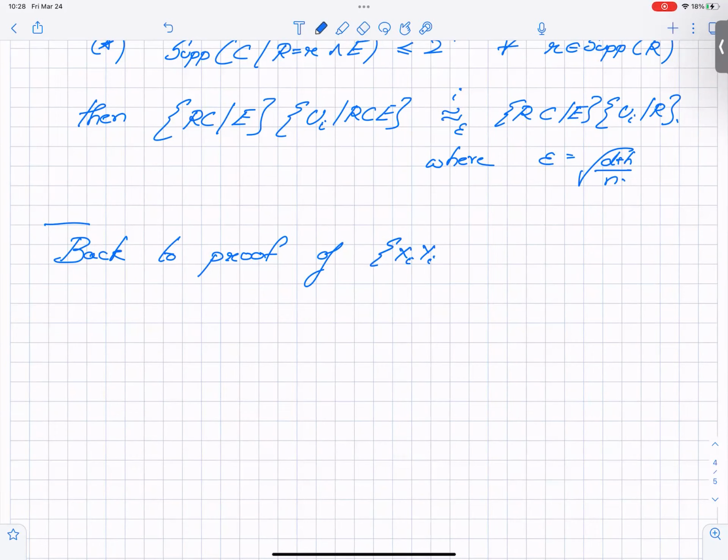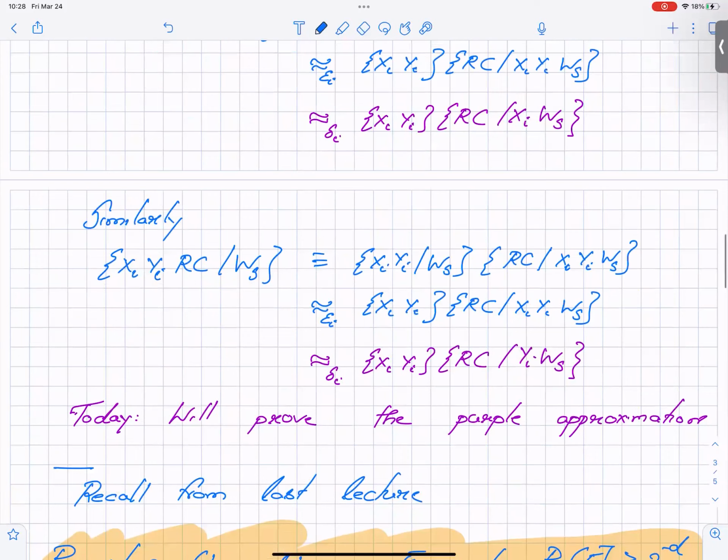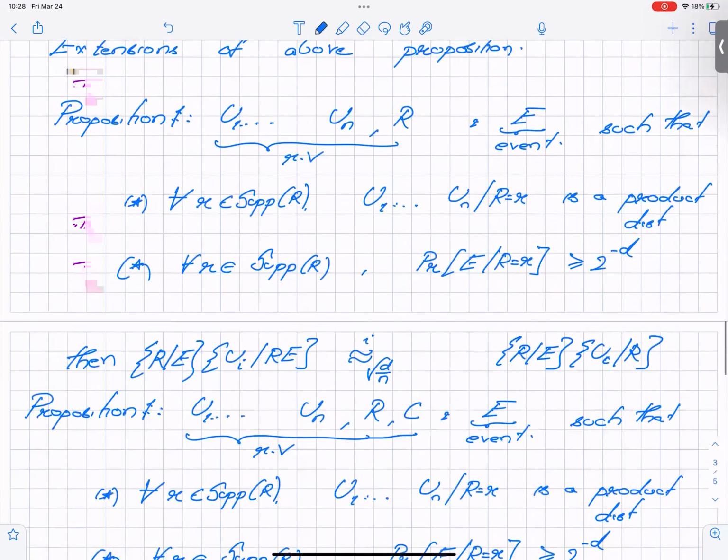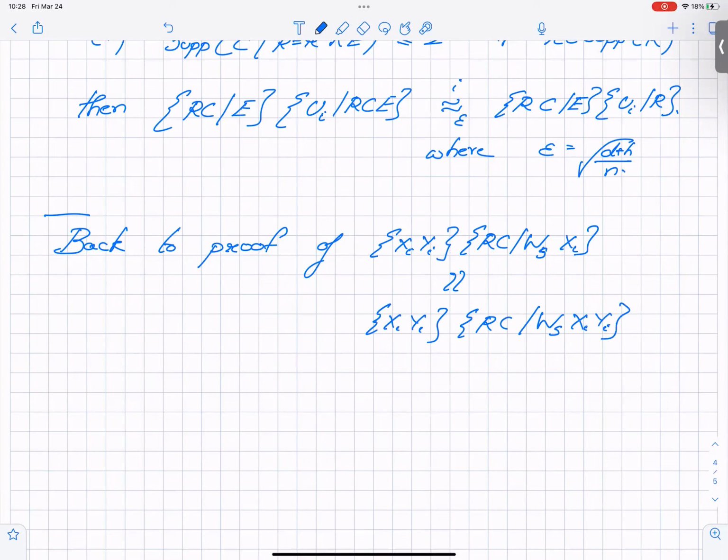This is what we wanted to do: Xi, yi, RC, WS, Xi is the same as Xi, yi, RC, WS, Xi, and yi, and a similar event for this. This is what we want to do.